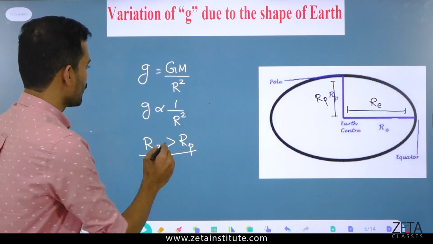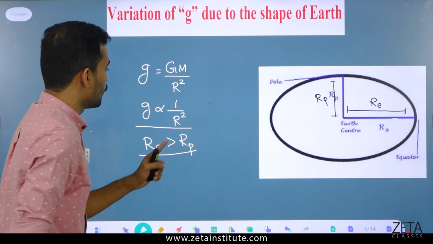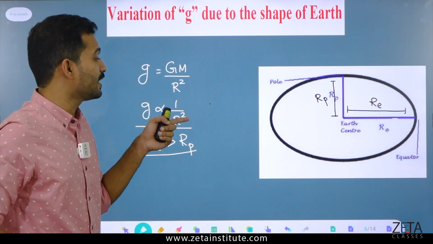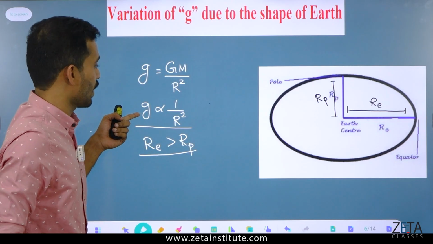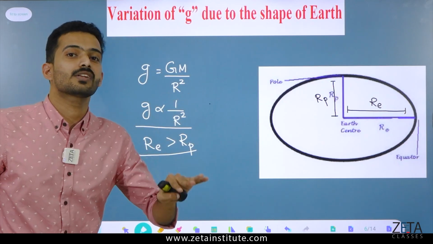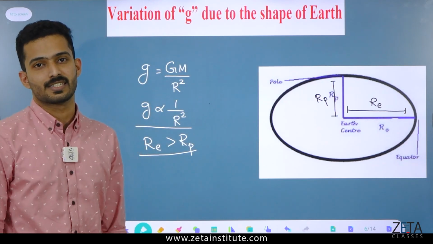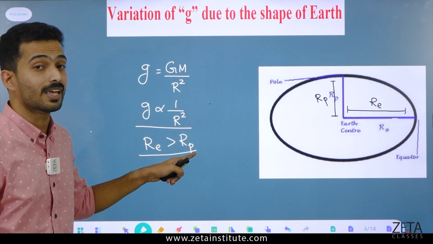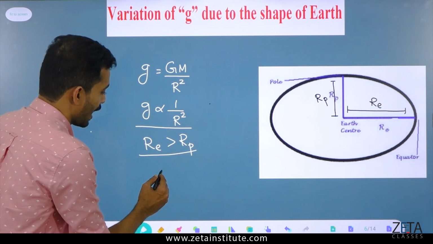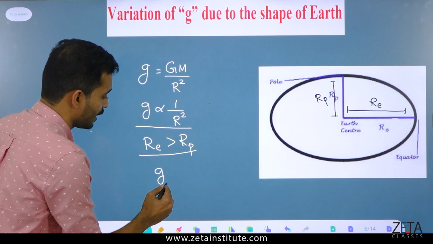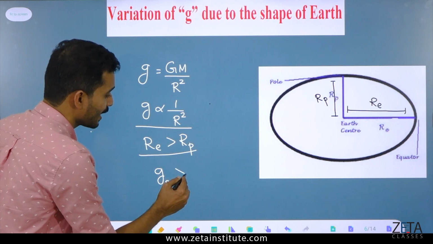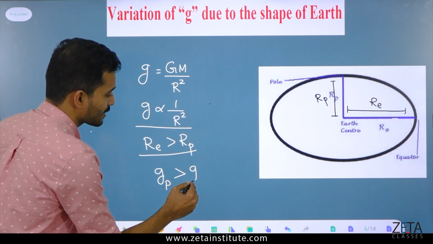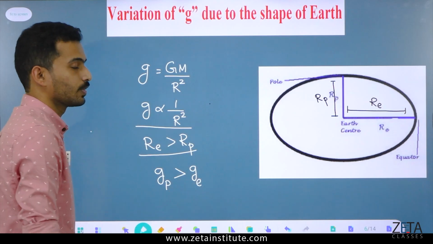We have already mentioned that when the distance increases, acceleration due to gravity decreases. So since the equatorial radius is more than the polar radius, acceleration due to gravity at pole is greater than that at equator.